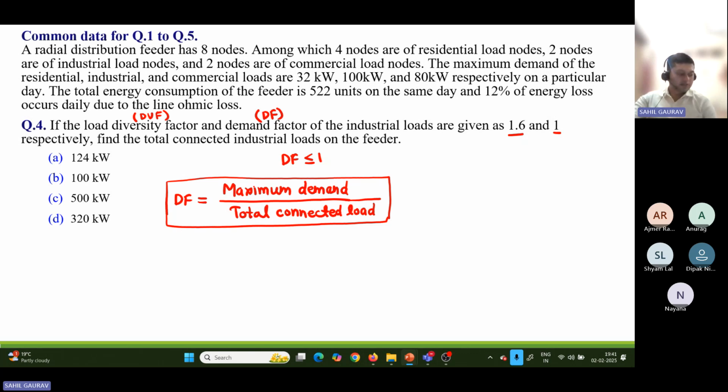So demand factor is the ratio of maximum demand to the total connected load. So what is the maximum demand for the industrial load? The maximum demand for the industrial load is given as 100 kilowatt.